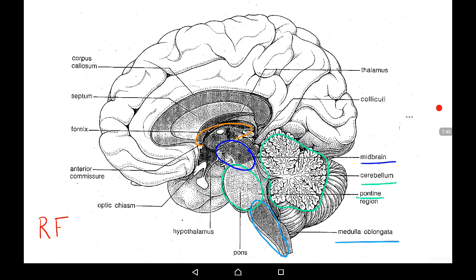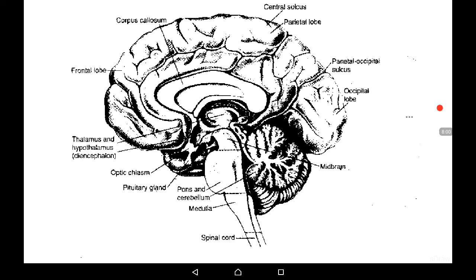The diencephalon is located under the brainstem, and it includes the hypothalamus and the thalamus. May also be visible on that picture, that area.